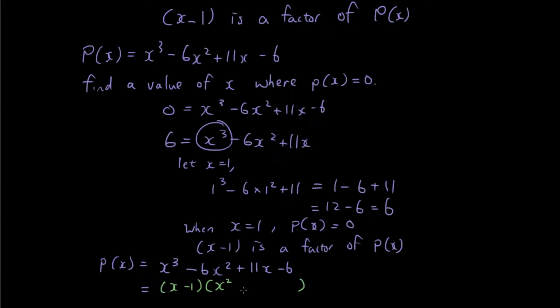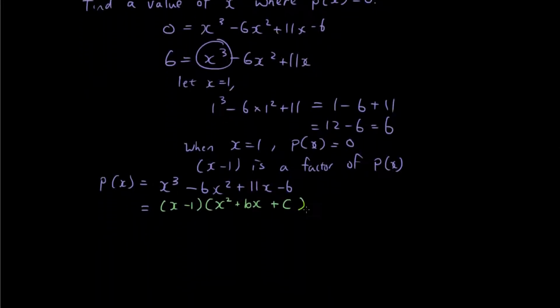And then we don't know what the coefficient of x is going to be, so I'm just going to put in bx plus c, some sort of constant. I'm not sure what b or c is, but I know that if I expand this out, it's going to give me the above. I just want to find out what b and c are.